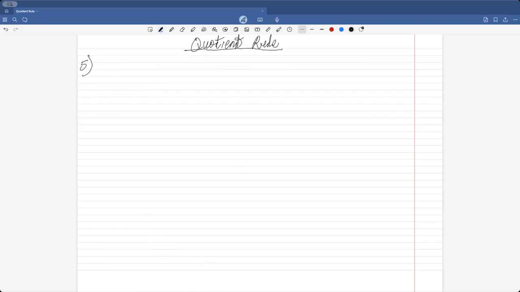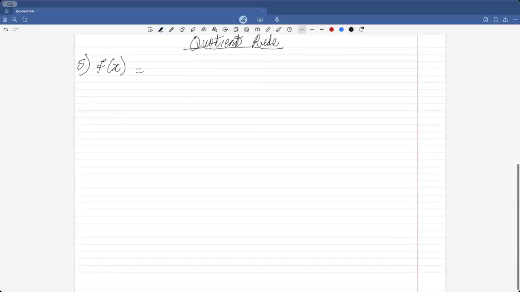Let's say we have a question that looks like this. f(x) equals 3x to the power of 3 plus 2x to the power of 2 plus 1 all over 3x squared.